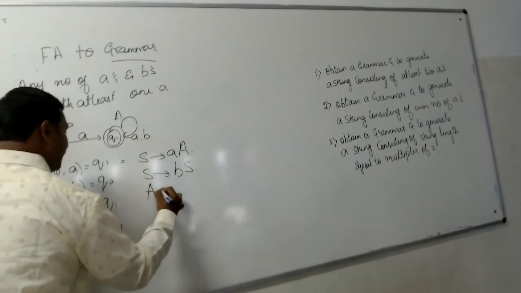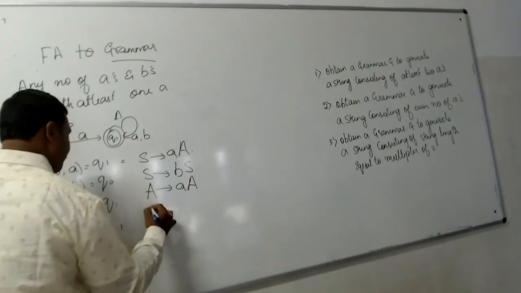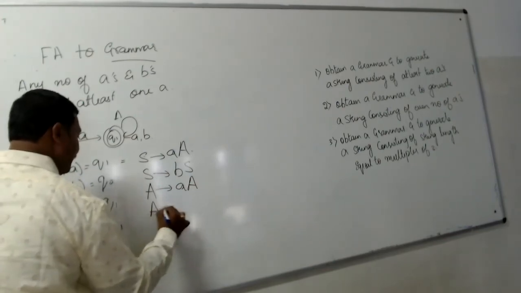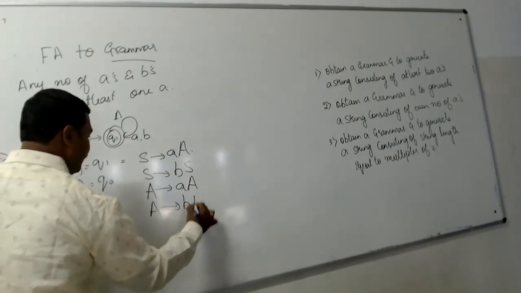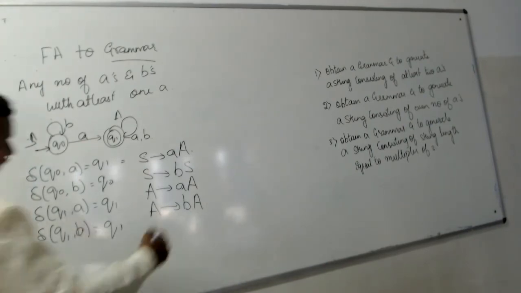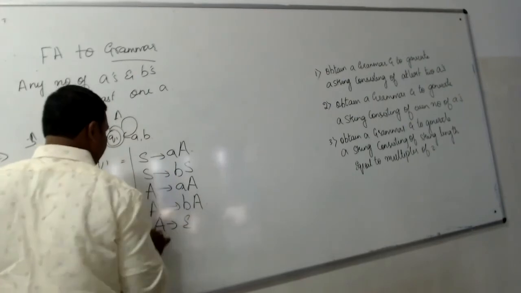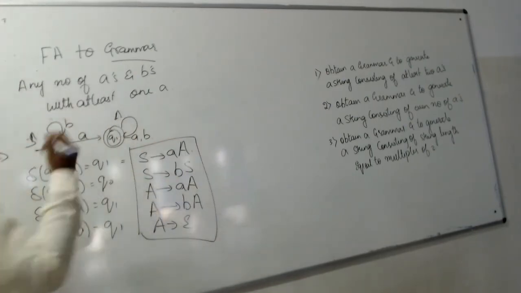Q1 is A tends to A A, and B, Q1 andre again A tends to B A. This is the required grammar that you are going to have. And since Q1 is final, A tends to epsilon, final grammar.